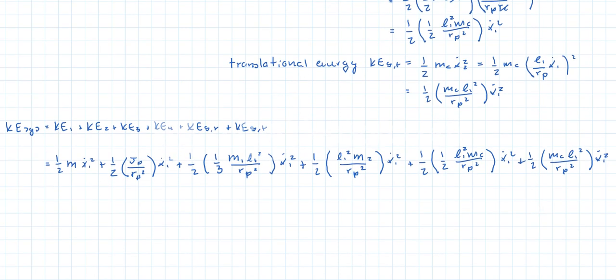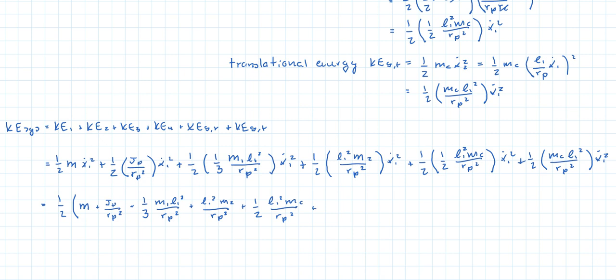Okay, so quickly we're going to factor this out. 1/2 times m plus jp over rp squared plus 1/3 m1 L1 squared over rp squared plus L1 squared m2 over rp squared plus 1/2 L1 squared mc over rp squared plus mc L1 squared over rp squared, all of that times x dot sub 1 squared.